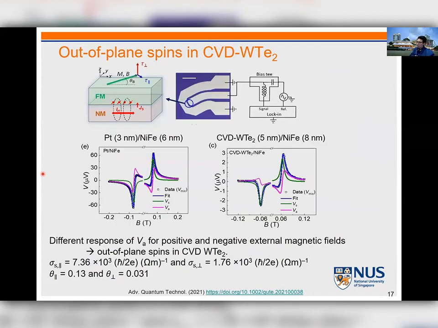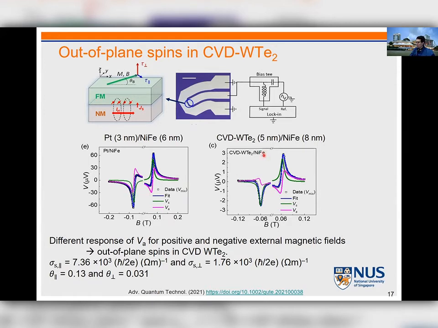We can also utilize the conventional spin torque ferromagnetic resonance measurement, STFMR, to look at out-of-plane spin texture. In a conventional platinum-nickel-iron sample as a control, you can see the symmetric and the anti-symmetric components have basically mirror symmetry across this magnetic field.